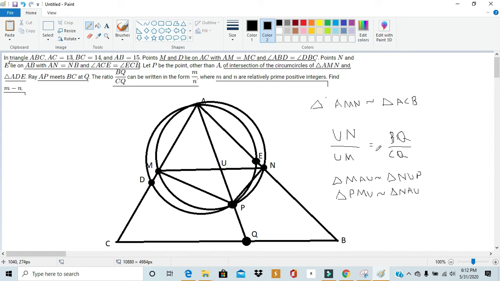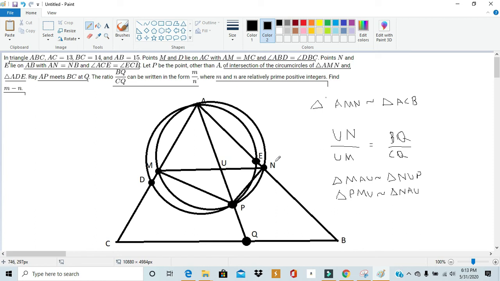Now, the good thing about similar triangles is that we can often find sides in proportion with one another. So, keeping this in mind, we can try to find sides in proportion with our target sides, UN and UM. So, let's do that.